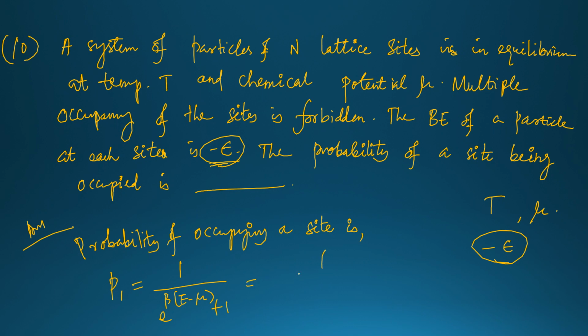So it is 1 by e to the power beta (minus epsilon minus mu) plus 1. If I take minus outside, P is equal to 1 by e to the minus beta (epsilon plus mu) plus 1.